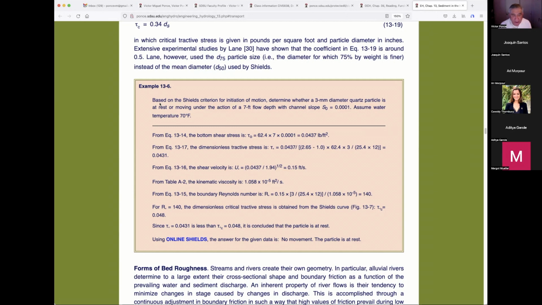Example 13.6. Based on the Shields criterion for initiation of motion, determine whether a 3 millimeter diameter quartz particle is at rest or moving under the action of a 7-foot flow depth with channel slope 0.0001. Assume water temperature 70 degrees Fahrenheit.